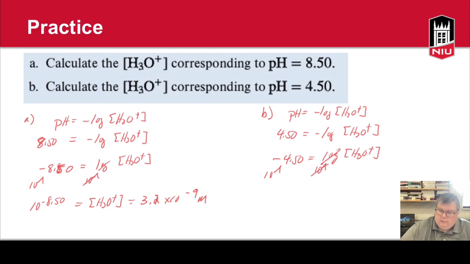The logs cancel, and we get 10 to the negative 4.50 equals the concentration of H3O plus. And 4.5 negative to that power gives us the H3O plus concentration equaling 3.2 times 10 to the minus 5 molar.